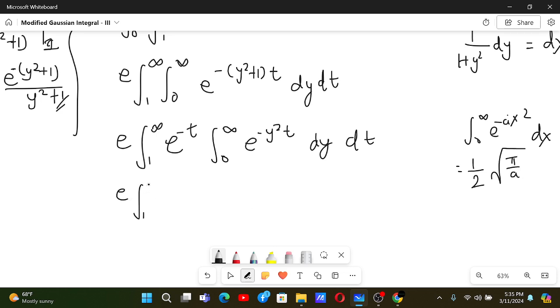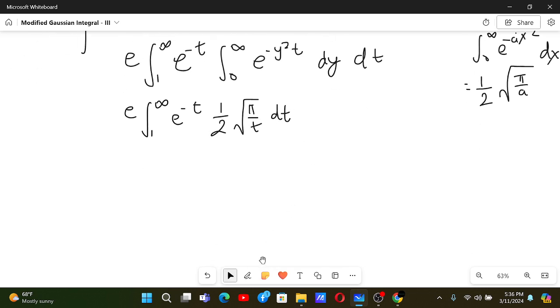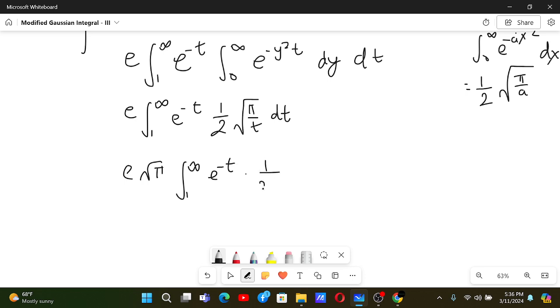We get e times the integral from 1 to infinity of e to the power minus t, times 1 by 2 root under pi by t dt. So now we have e root pi times the integral from 1 to infinity of e to the power minus t times 1 by 2 root t dt.